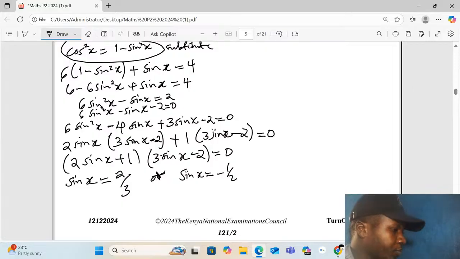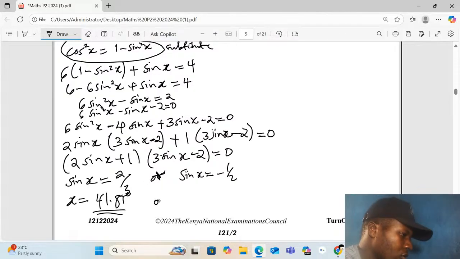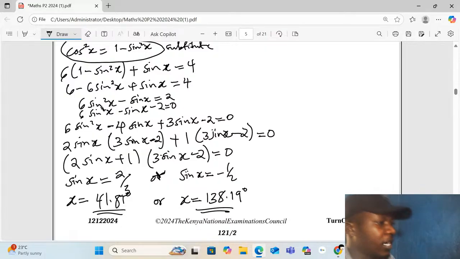Therefore, when sin x is 2 over 3, then x becomes 41.81 degrees, or when sin x is negative half, x will become 138.19 degrees. That is how we find the values of x.